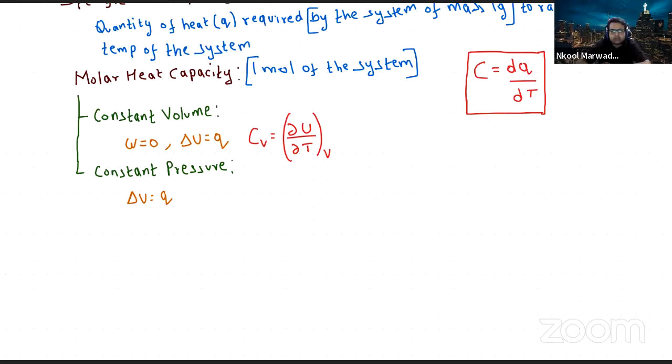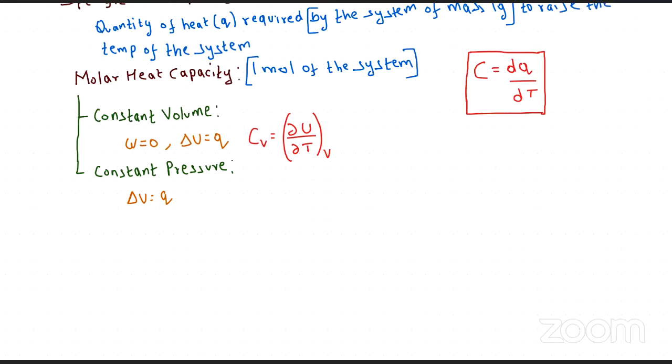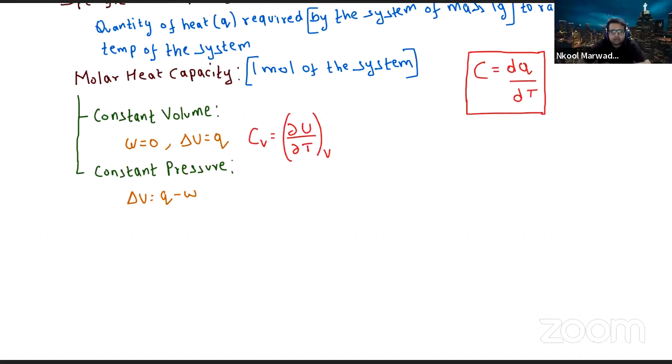So minus W. And we know that the work done is P into delta V. So delta U is equal to Q minus P into delta V. That we have already seen.